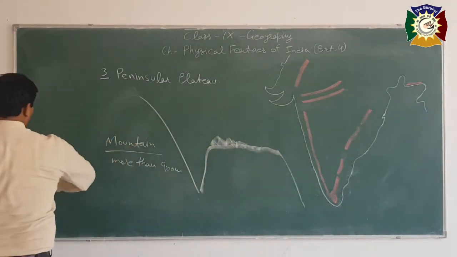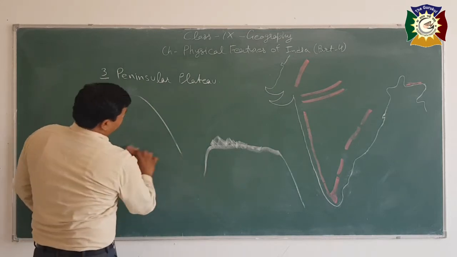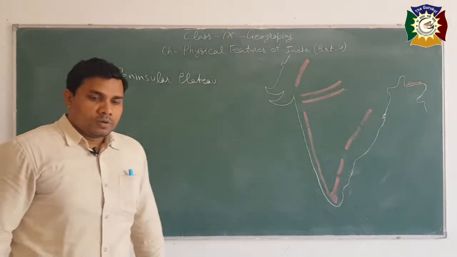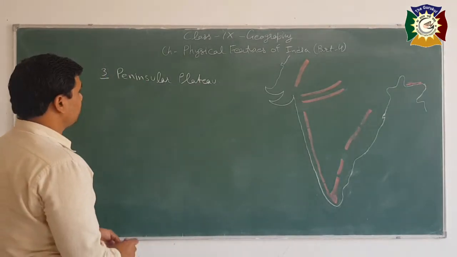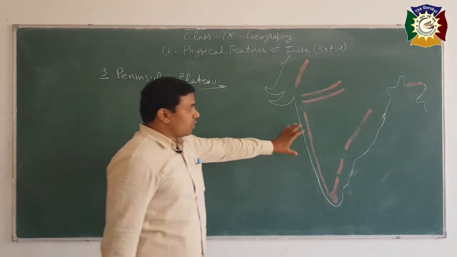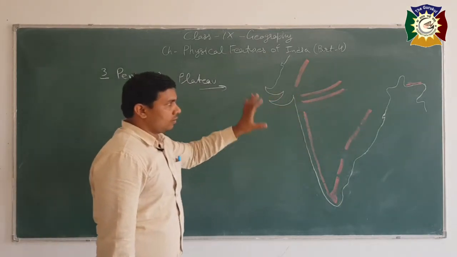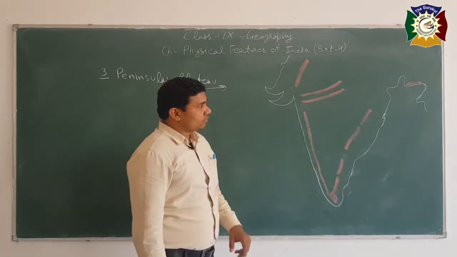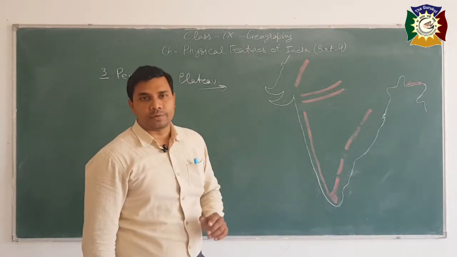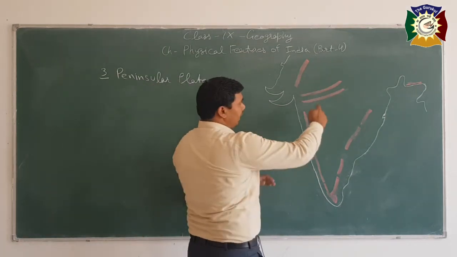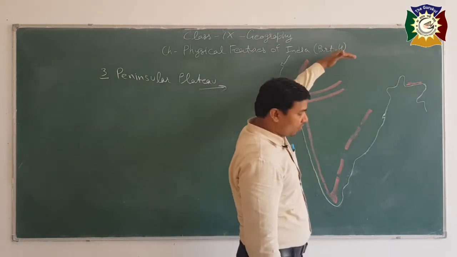To better understand this major physical division of India, we divide this Peninsular Plateau into some different areas. First of all, the area of Peninsular Plateau. The Peninsular Plateau is located in the south of northern plains.